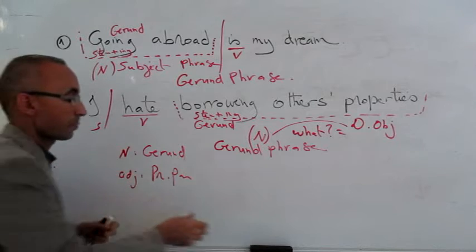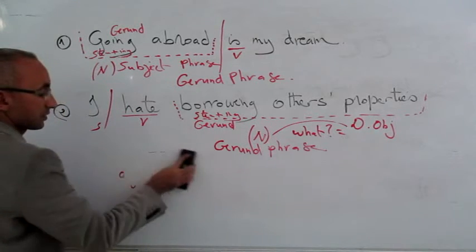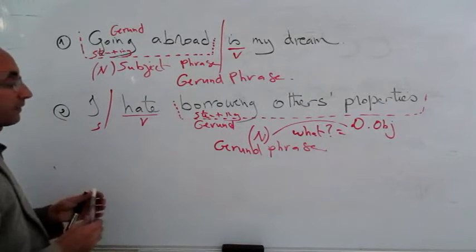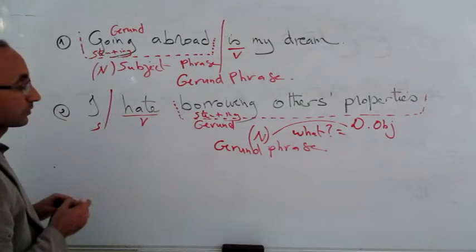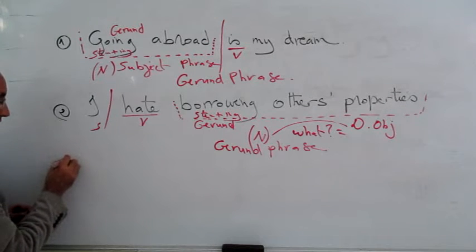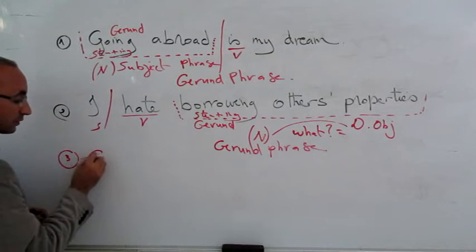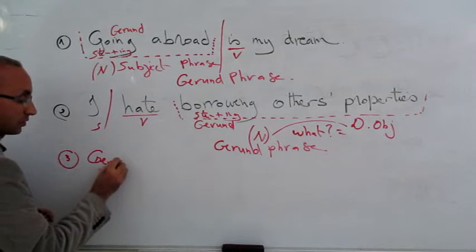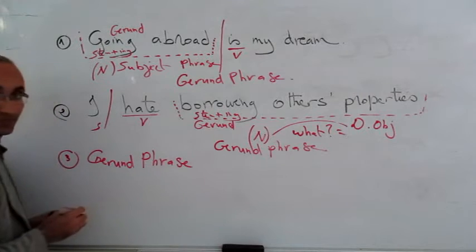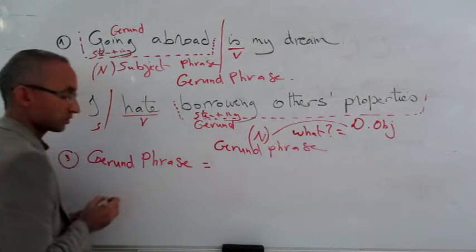Alright, now let's write the structure of this phrase on the board to clarify it better. So here I have the third type, which is called gerund phrase, equals what?